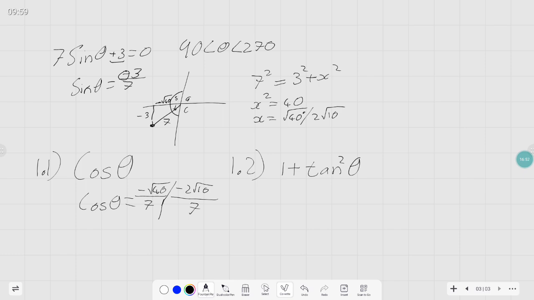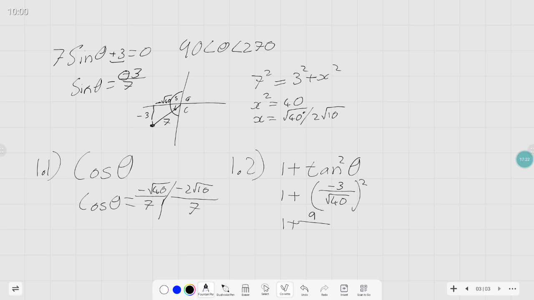Now we get to tan squared. So I've got 1 plus. Now what was tan? Tan is opposite over adjacent. So I've got negative 3 over square root of 40, squared. 1 plus negative 3 times negative 3 was 9.